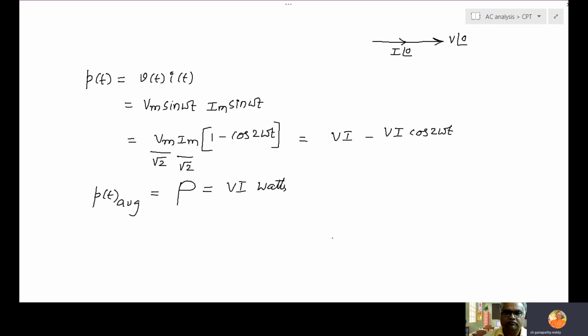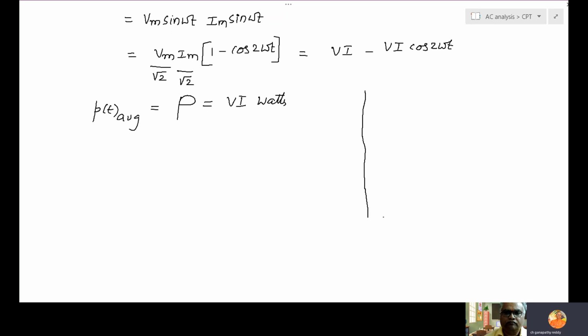You can also draw the graphical representation. So this is the voltage waveform, and the current is in phase. Both will start at the same time.